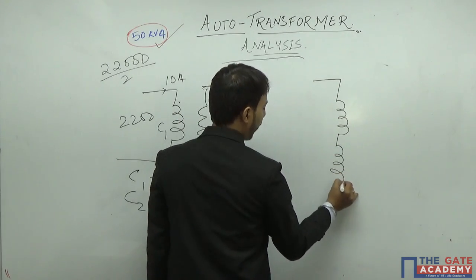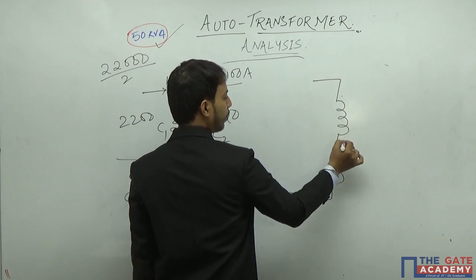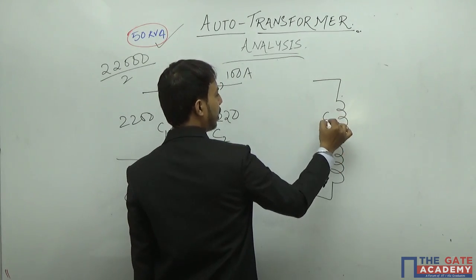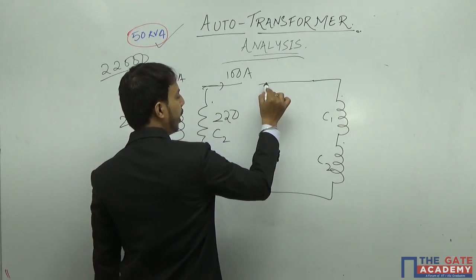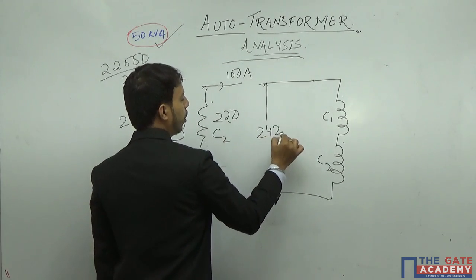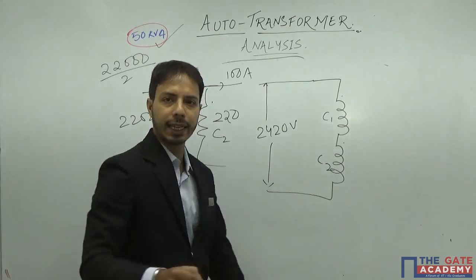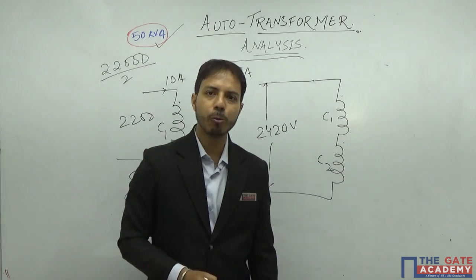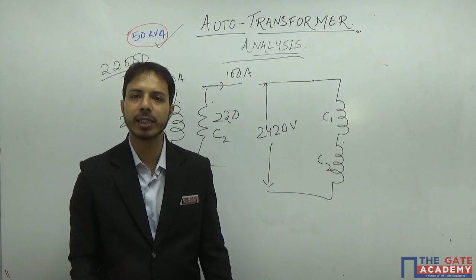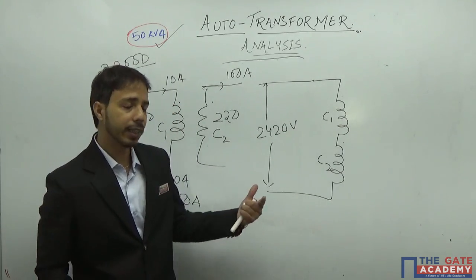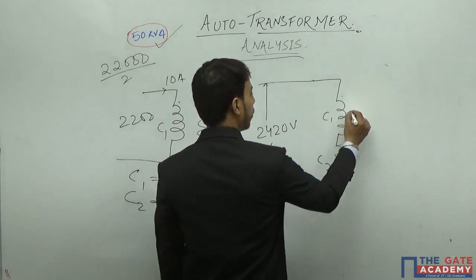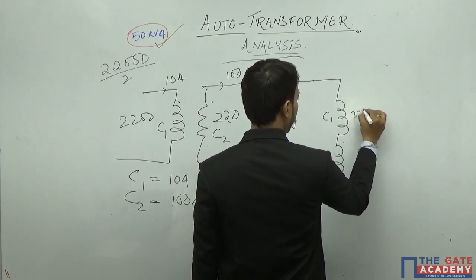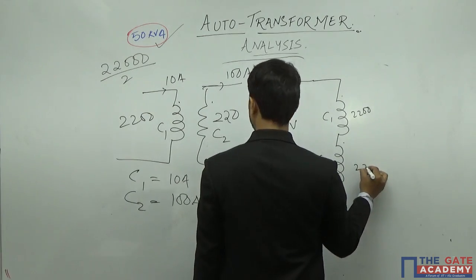This is C1 and this is C2, and the voltage here is 2420. Now they are asking what is the maximum kVA that I can get. The secondary side voltage is not given in this question. C1 is 2200 and C2 is 220.